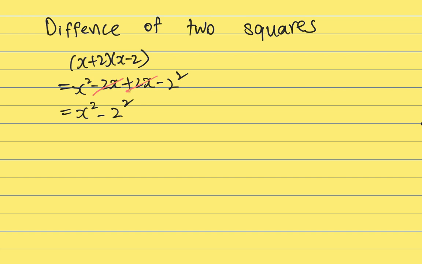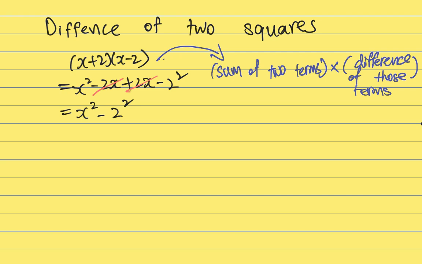What can we see from this example? We can see that the product x plus 2 times x minus 2 is of the form of the sum of two terms times the difference of these terms. We can also see that the answer x squared minus 2 squared is in the form of the first term squared minus second term squared.